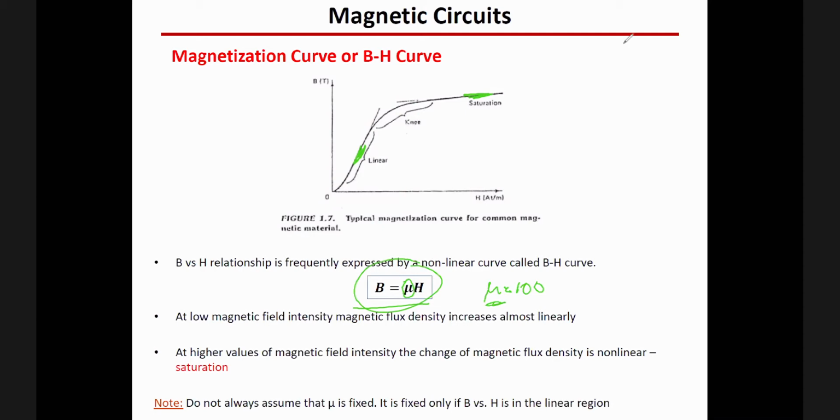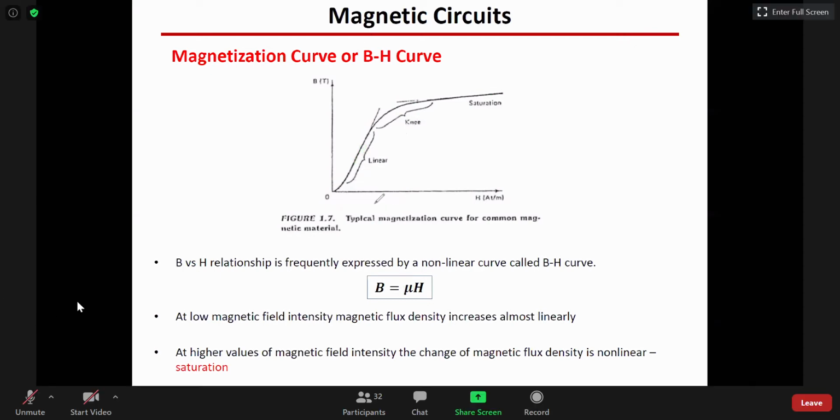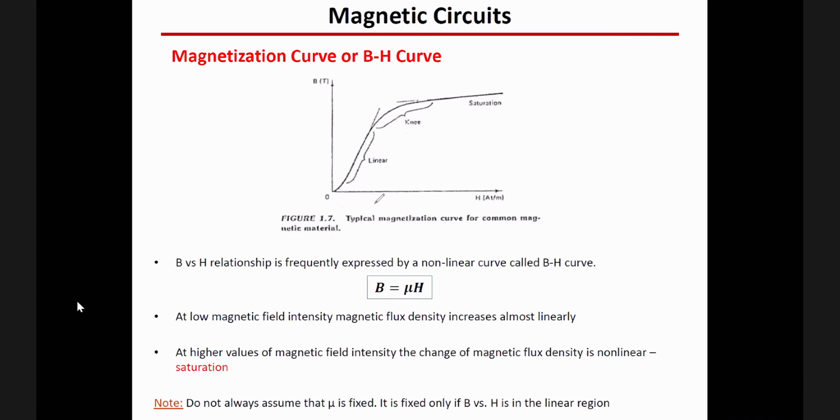You can use the drawing here, the figure, the relation, the curve between B and H, because mu is not constant anymore, and it has different values for different combinations of B and H. So if you would like to know the value of B at H equal to 100, you need to go to the curve and find the corresponding value of B. If you need to find the value of B at H equal to 1000, you need to go to the curve and find the corresponding value of B.